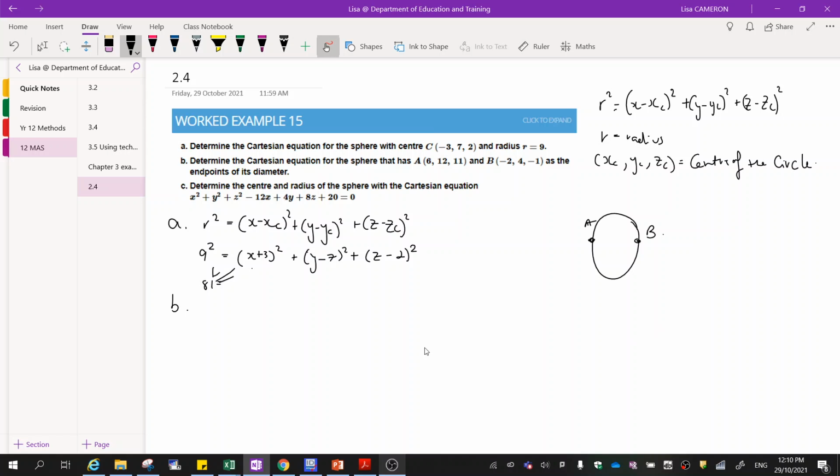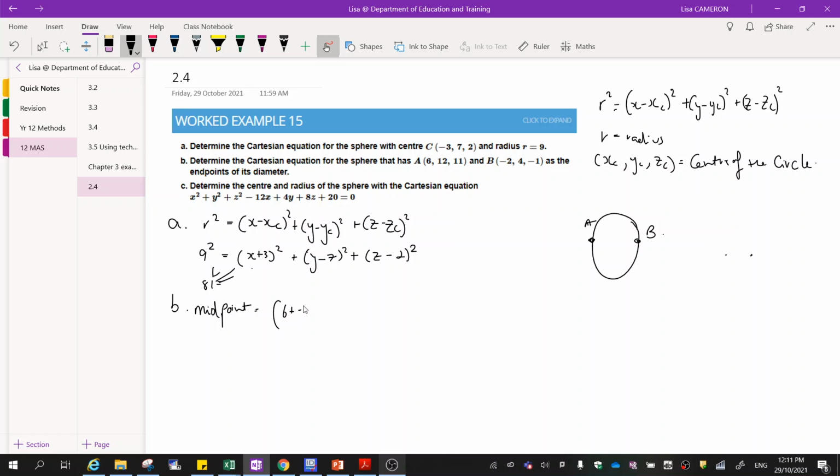So all I really need to do is think about what I have and what I want. Now, if I've got two different things and I want to find where the middle of it is, I take an average. So that means I add them together and I divide it by 2. So to find the midpoint, it's going to be equal to this one plus that one divided by 2.